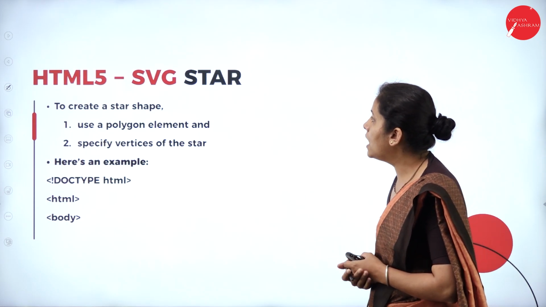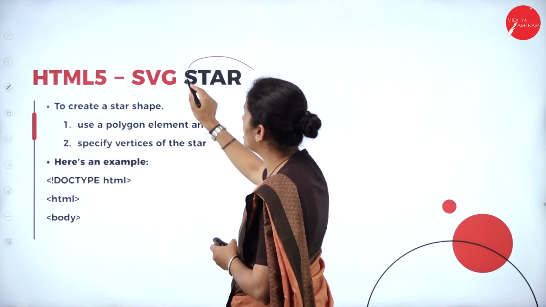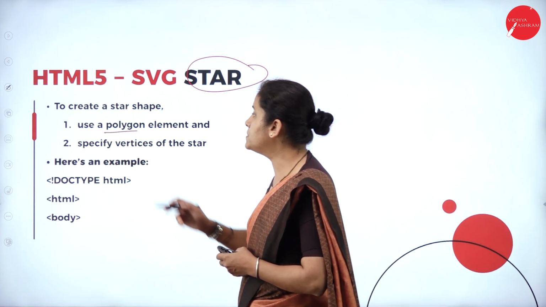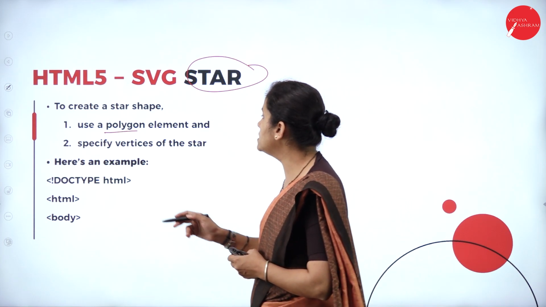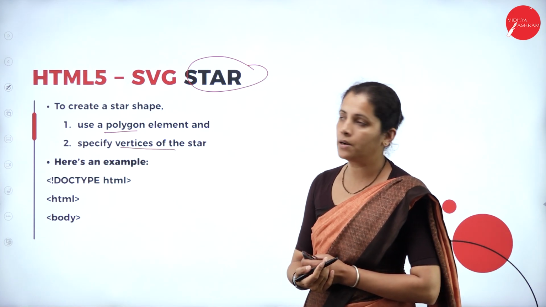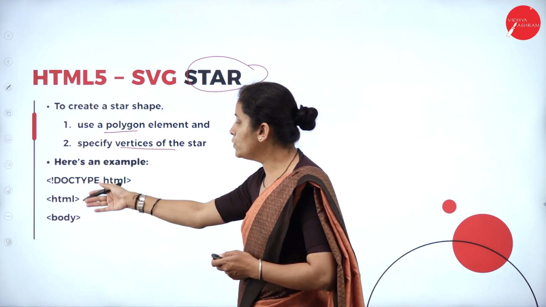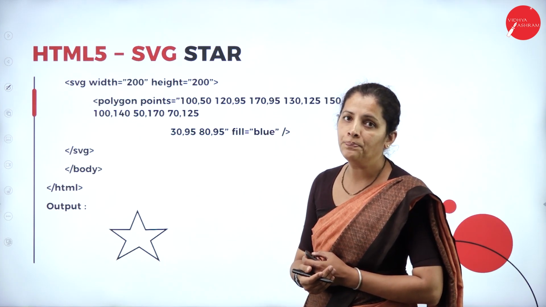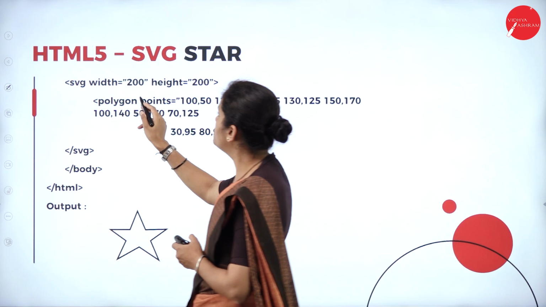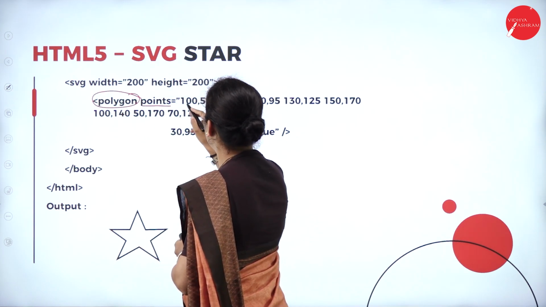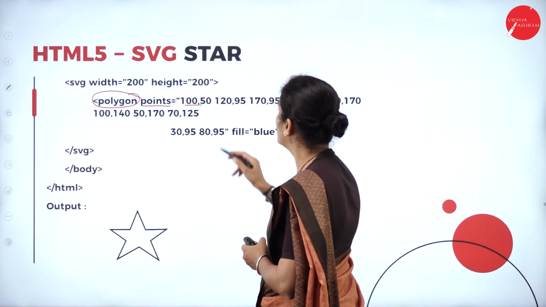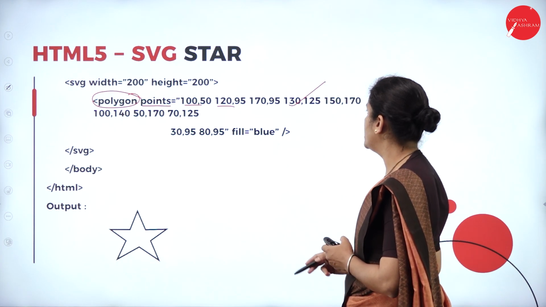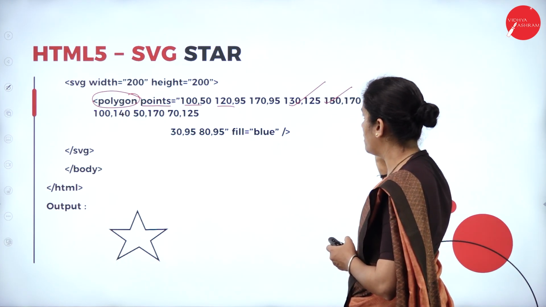Fine. Now I'm going to have a star. Suppose I want to create a star, I use the polygon shape and specify the vertices of the star. So I have this simple example here. I'll use the polygon, and along with that, I'm going to specify the vertices. What are the points? 150, 120, 95, 70, 95, 30, 25, 51, 70.